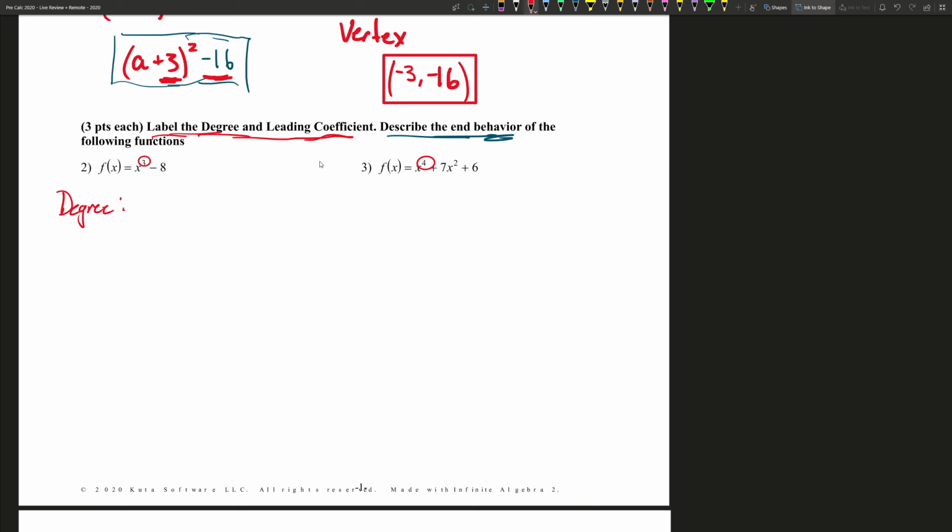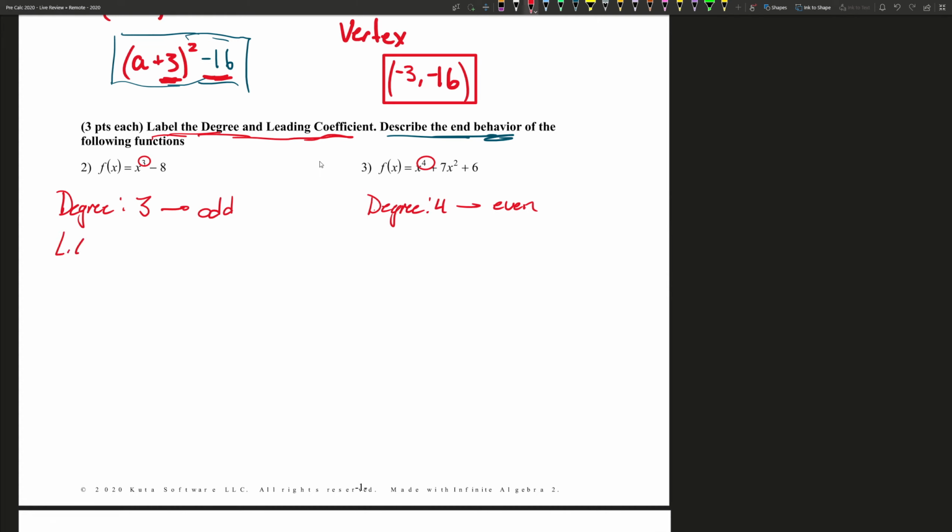So the degree in number 2 is just 3. This is odd. The degree in number 3 is 4, which is even. Then the leading coefficients.